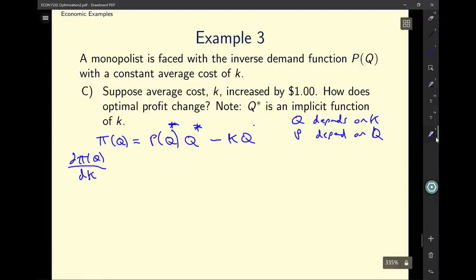So we could add stars to our Q's to make that a little bit clearer. And what do we have?